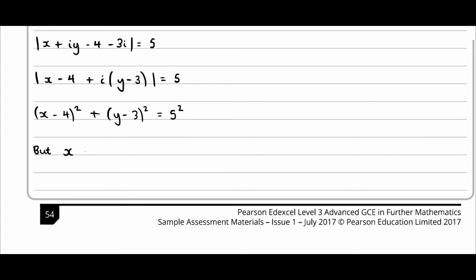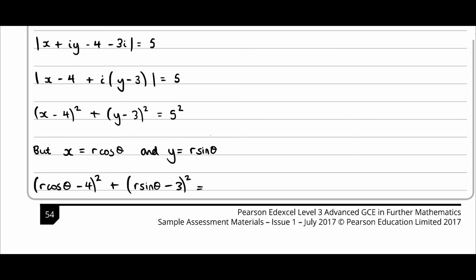So x is equal to r cos theta and y equals r sin theta. So we have r cos theta minus 4 squared plus r sin theta minus 3 squared equals 5 squared, which is 25.